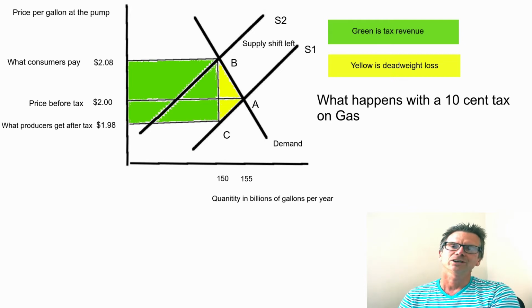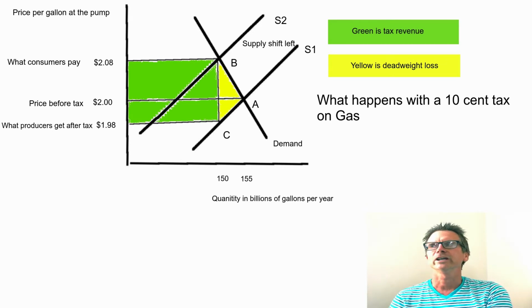So his burden is 2 cents. And then you can see in yellow what society pays as a whole, the loss that nobody's going to get back. It's deadweight loss. We see this with government intervention in the market. It's a distortion of the market. So for a tax, yes, there's deadweight loss, but the consumer and the producer also pay.